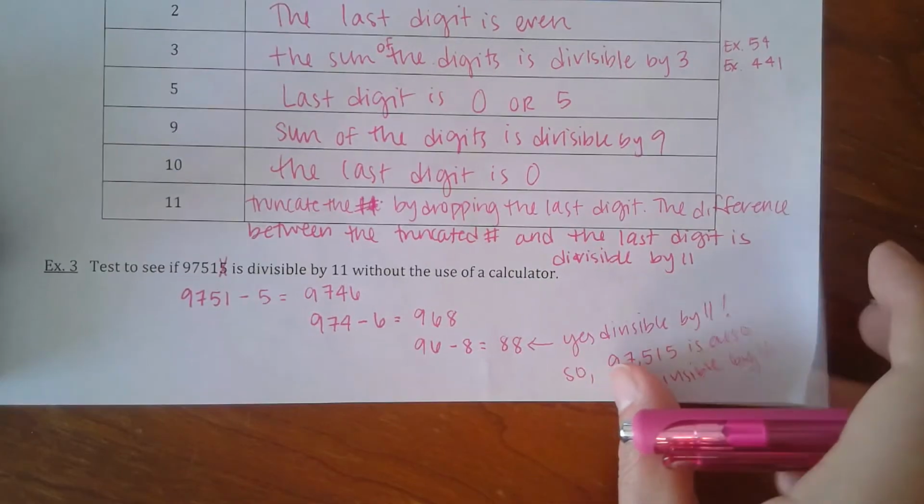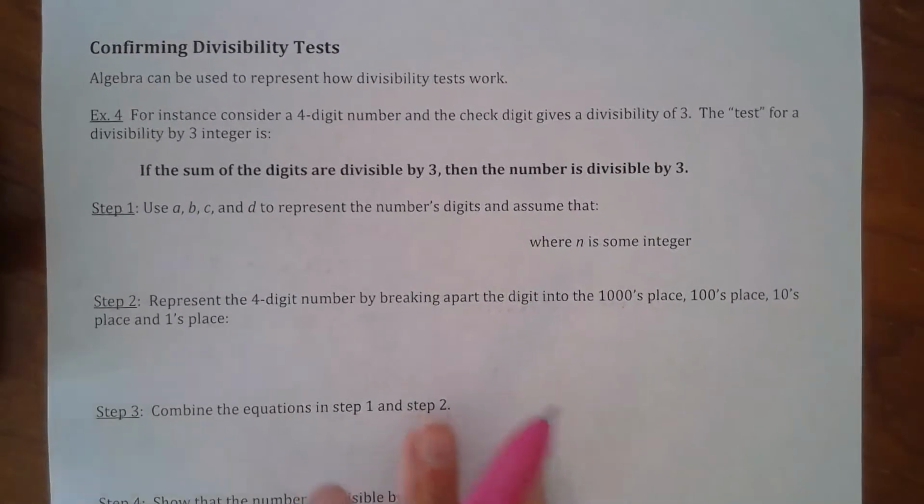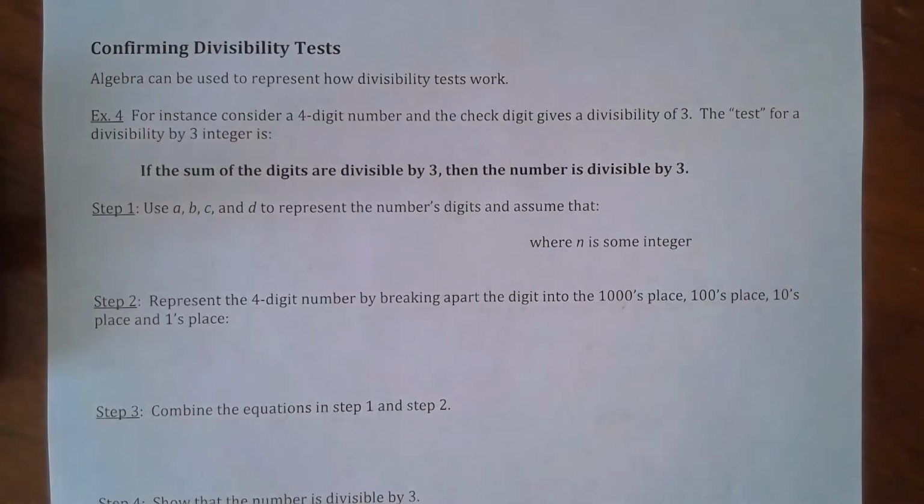But the good news is that it's very algorithmic. The process and procedure in which we do this confirming is pretty much the same, and there's not a ton of variability. So we have this divisibility test that we're going to prove for divisible by 3, and we're going to do it for 11, 9, or 4.